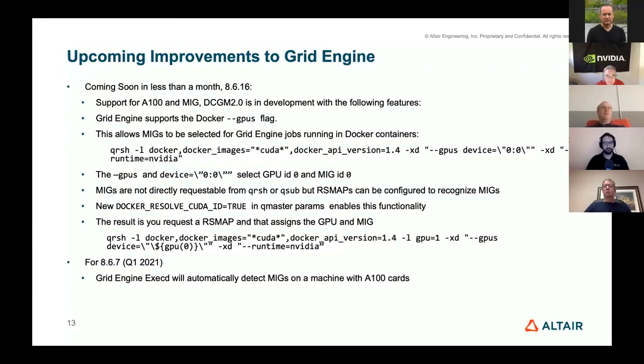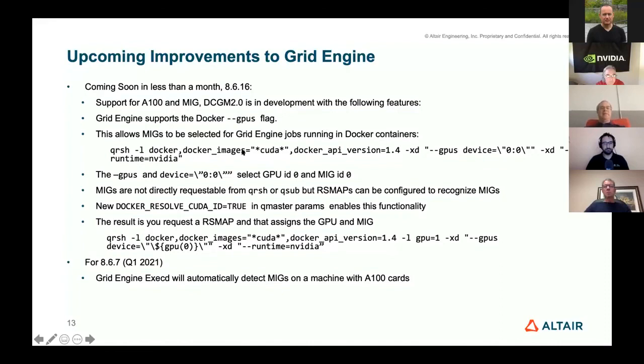What we added, first of all, was an obvious extension to support the --gpus flag in our Docker integration. And that is the new syntax for basically telling Docker that you need a GPU inside your container. There's more detail on how that flag works, but it works exactly the same way as it does with the Docker command.